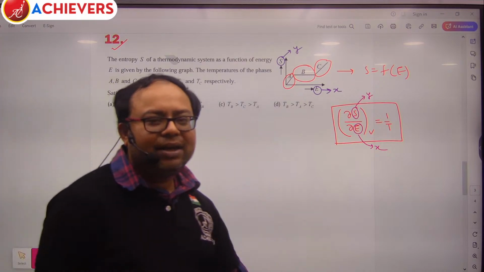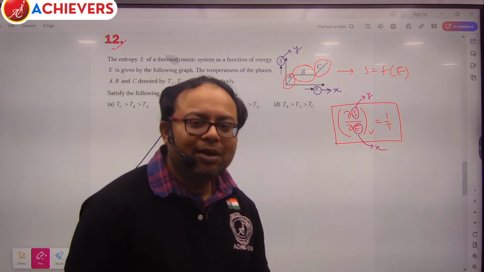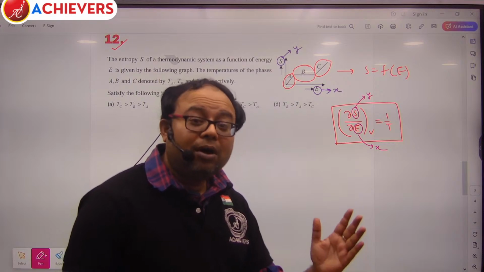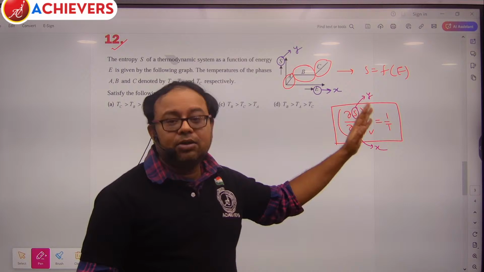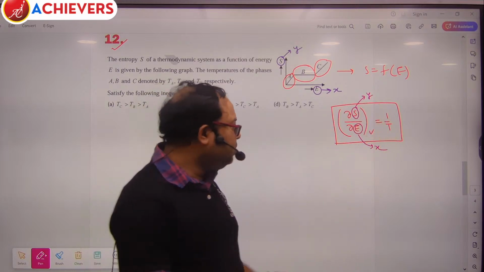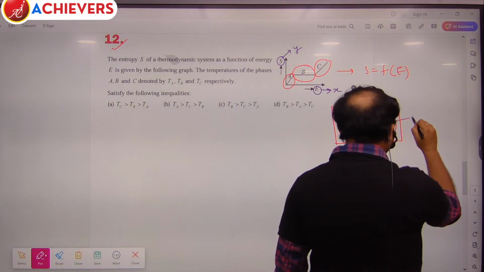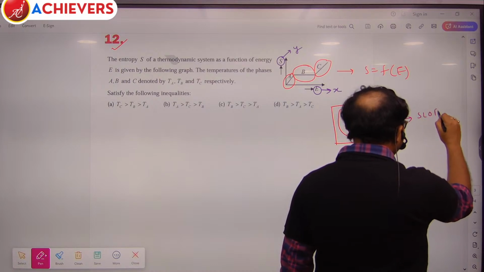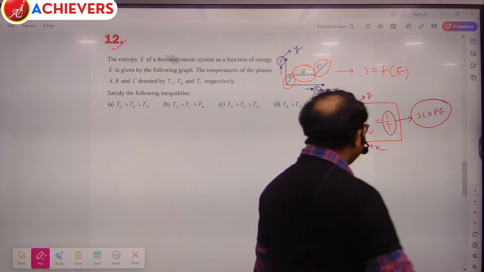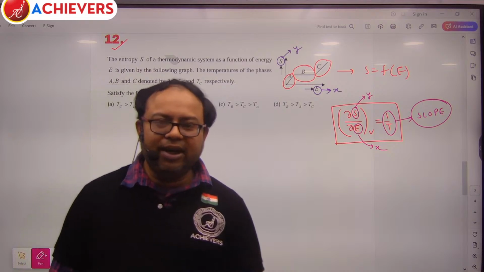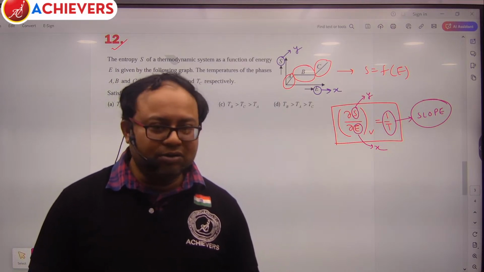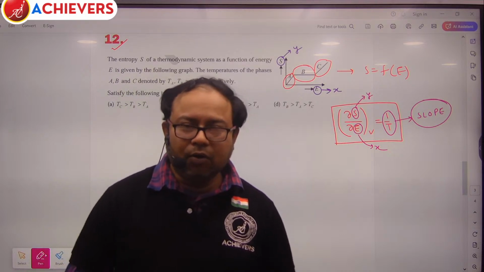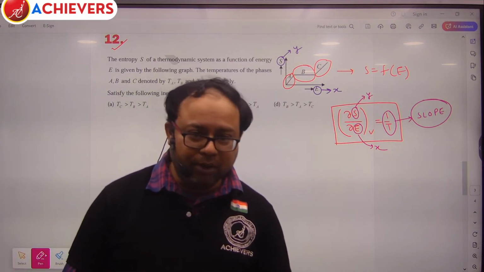What is del y del x? It's the slope. So for a curve plotted on the E-S plane, the slope is 1 by T. Del y del x is nothing but the slope.